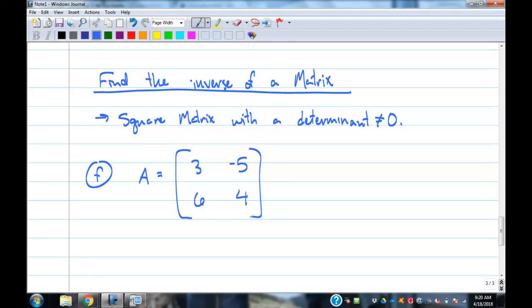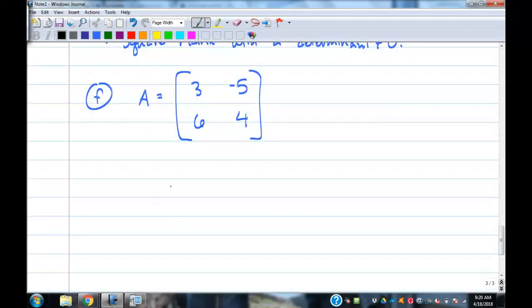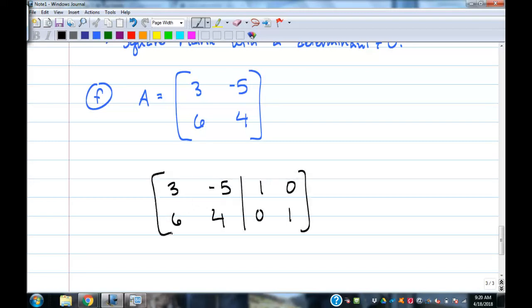Okay, so we've got a 2 by 2 there. What happens is, to find the inverse by hand, you set up this thing and then you put an identity over here that's the same size, and then you start doing all these row operations so that you turn this into a 1, that into a 0, this into a 0, and that into a 1.